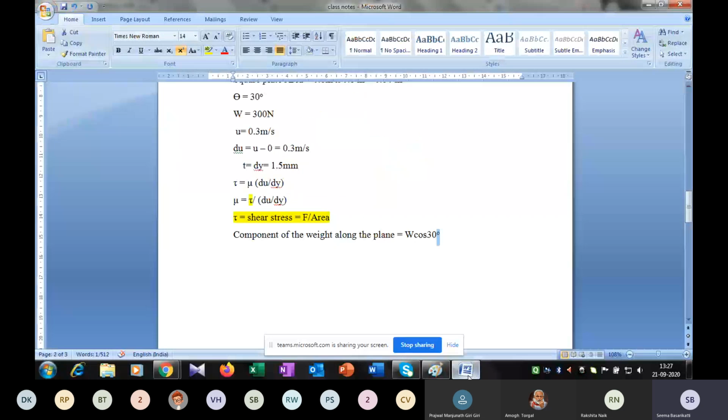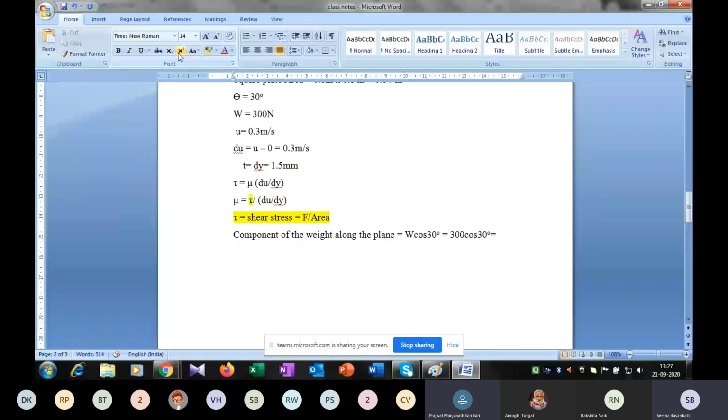So equate the value of W. W is equal to 300 cos 30 degree, which will be equal to how much?